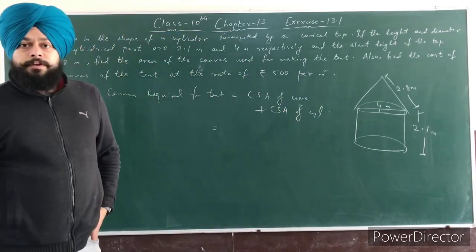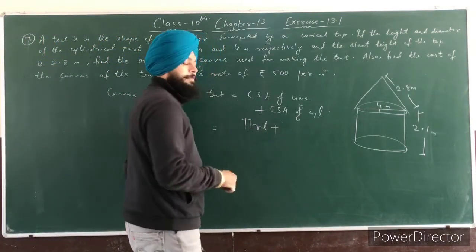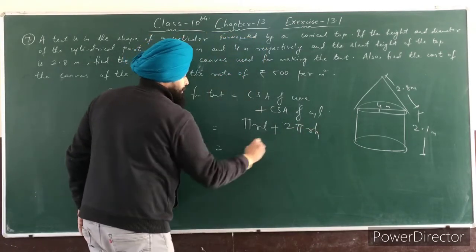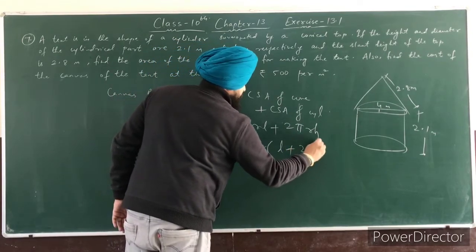So write here curved surface area of cone plus curved surface area of cylinder. The curved surface area of the cone is pi rl and the curved surface area of the cylinder is 2 pi rh. Pi is common, r is also common. So what is left here? l plus 2h.